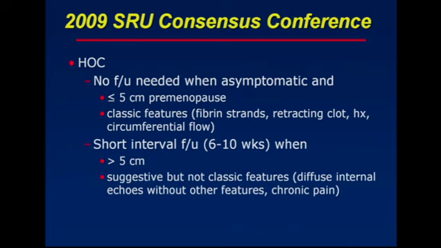In other words, it had the classic features of a hemorrhagic ovarian cyst, those being the presence of fibrin strands, the presence of retracting clot, the appropriate history, and circumferential flow. You should get a short interval follow-up in 6 to 10 weeks when it was over 5 centimeters, or if the findings were suggestive but not classic.